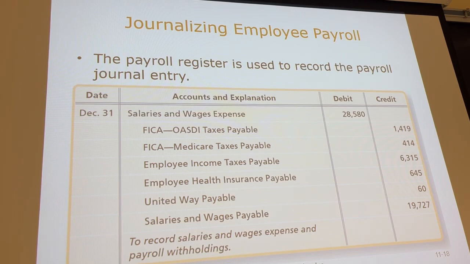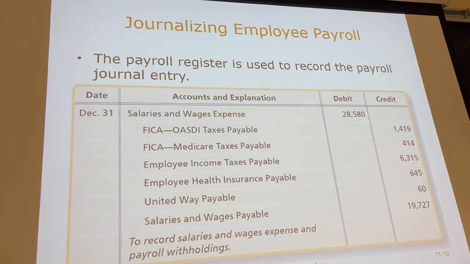Now, this is a different example. It's not James Colon, but it's probably for all of the company's employees combined. Here's the way that we would do the journal entry to record the company's payroll. There would only be one debit entry here, which is for the gross amount of the payroll, the gross salaries and wages. The account that we would usually use for that is called salaries and wages expense. In this particular example, it's $28,580.